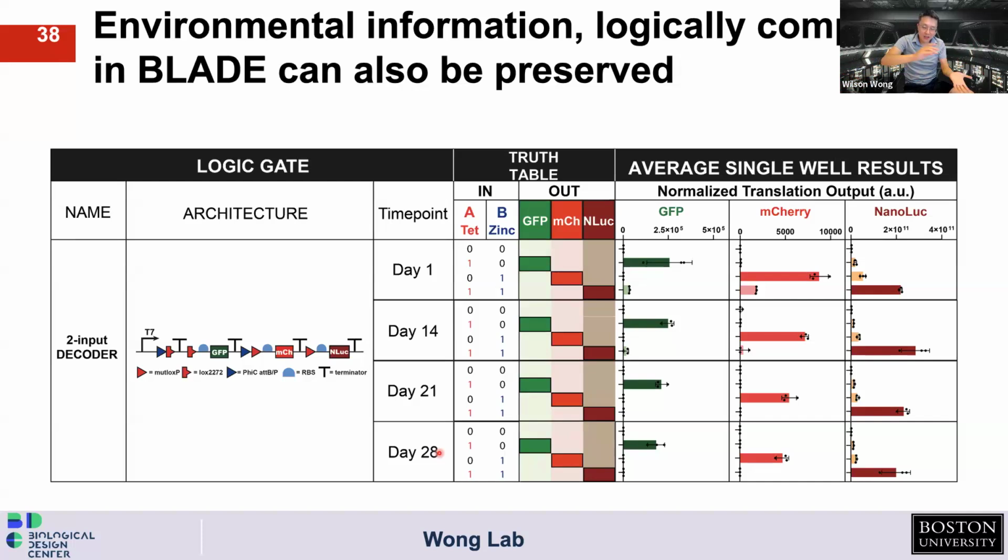But later on, people can come and retrieve the device and see if the DNA gets modified. They can either sequence the plasmid or elute the DNA out and put it in PURE express and measure the output, and you will know what has happened before, what the system has sensed. So that's what we imagine these systems would be.